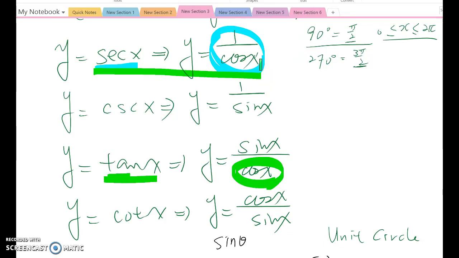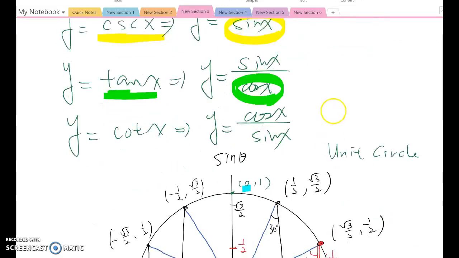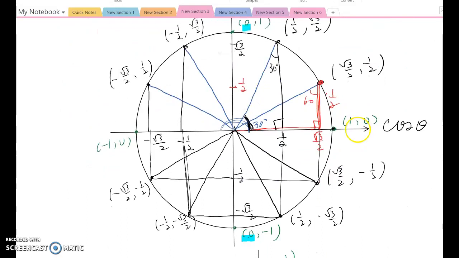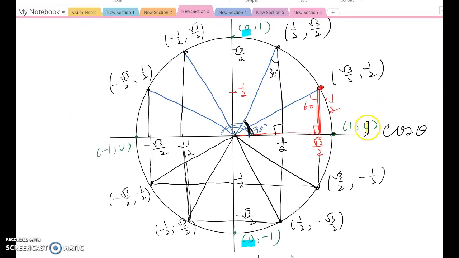Conversely, now the cosecant x case. Cosecant means 1 over sin x. So you need to find out where sine is equal to 0. When we go down this unit circle again, sine 0 means this point, which is 0, and this point, pi or 2 pi basically.